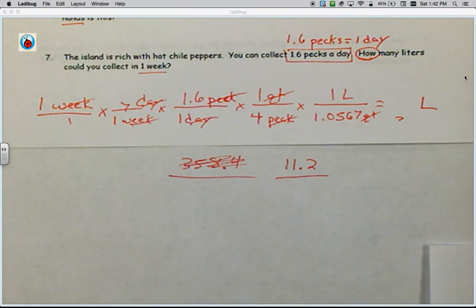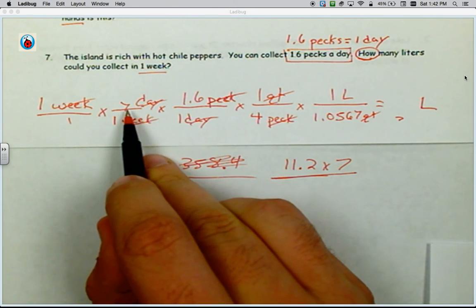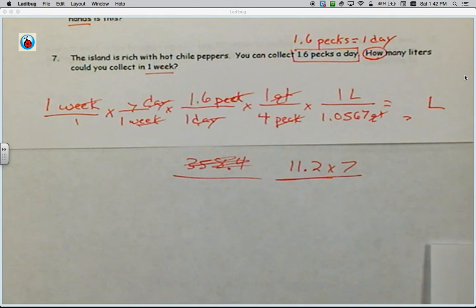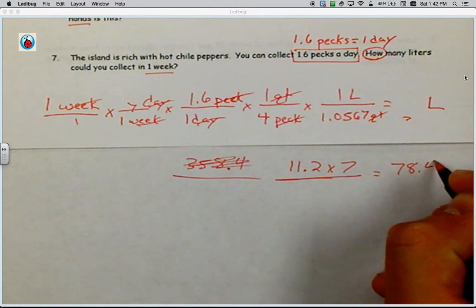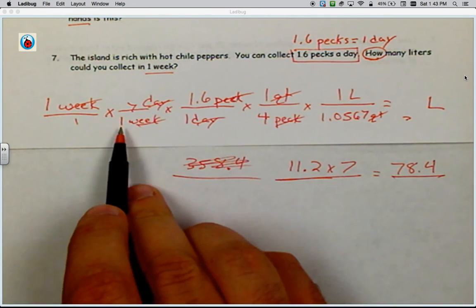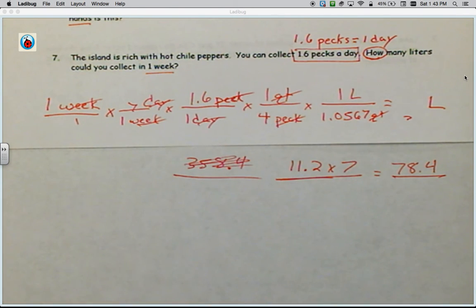And on bottom we get 4 times 1.05, ooh, excuse me, that's times 7 still. There's not 7 there. 11.2 times 7 is going to be 78.4, that sounds better, over 1 times 1 times 1 times 4 times 1.056.